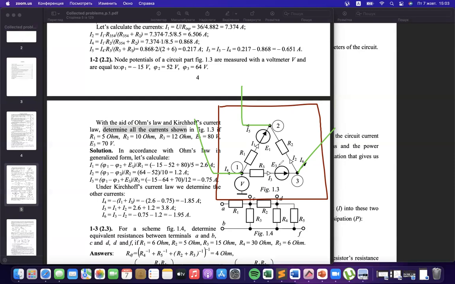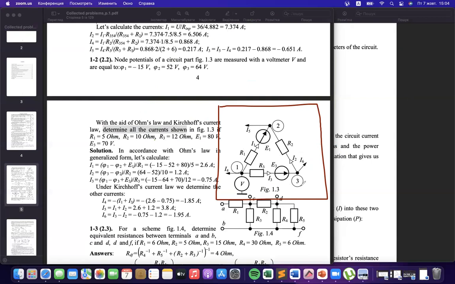But if you have the necessary measurements of this part, you don't need the view of the whole circuit. For example, there could be some other elements, it could be quite a wide circuit with lots of elements, it could be 1000 elements, it doesn't matter. You are working only with some specific part. But if you have potentials in these points, it is enough to find all other values.